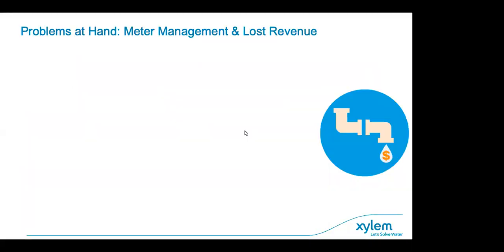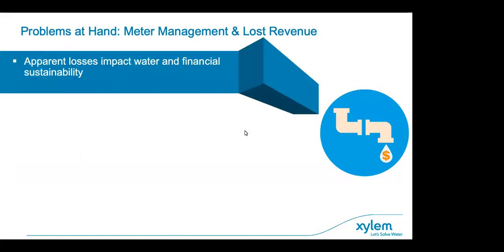Let's quickly go through four of the key issues that utilities have with meter management and lost revenue. First of all, apparent losses impact financial sustainability. If utilities are not generating the necessary level of revenue, they have less money to spend on capital improvement schemes, operation and maintenance, staffing, equipment and training.